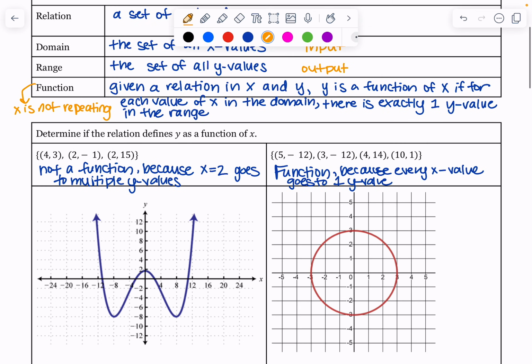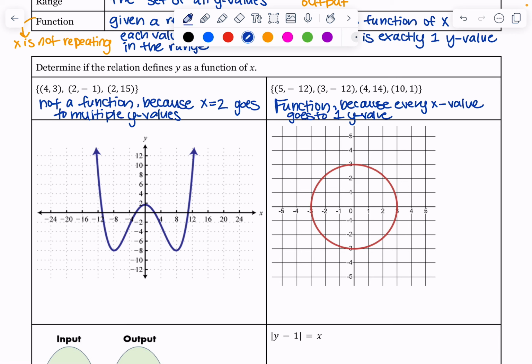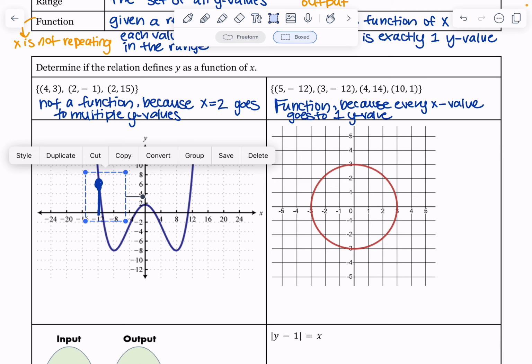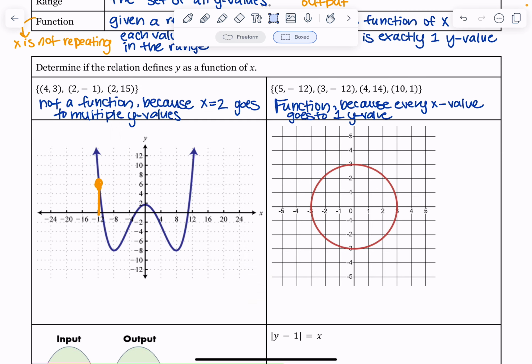All right, for this W graph, if you notice here, we have X equal to -12. There's no other place on this W where X is also equal to -12, so this one is also a function.